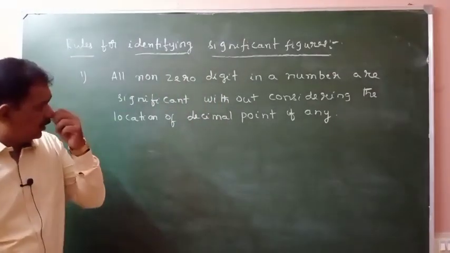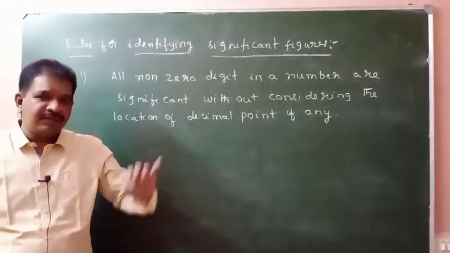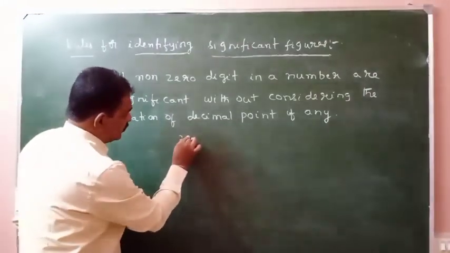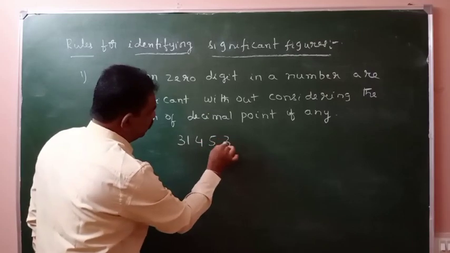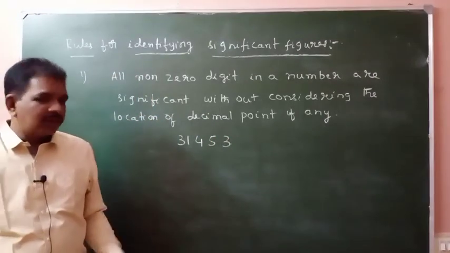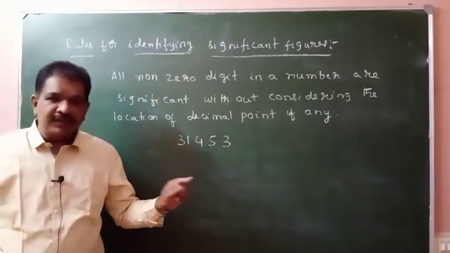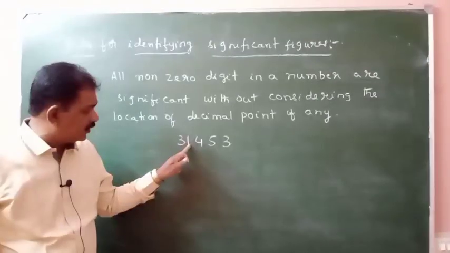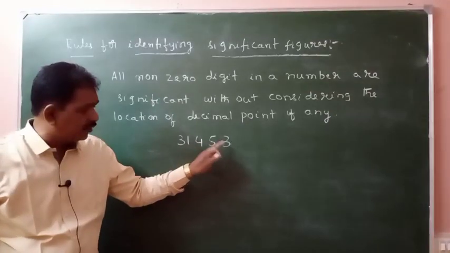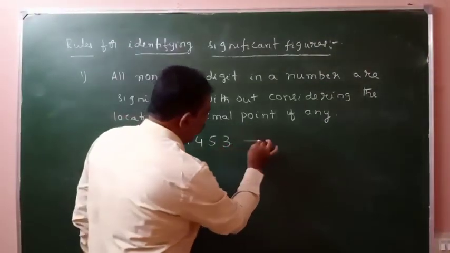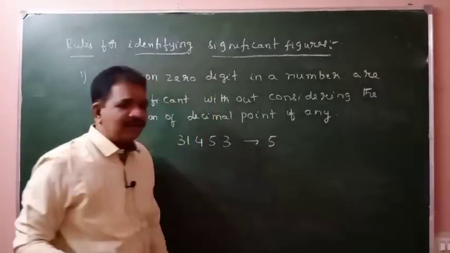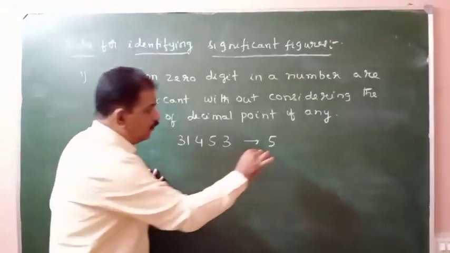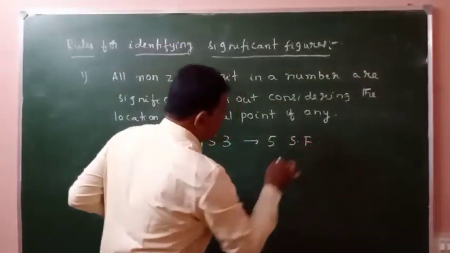What this means is, if one number is given, one measurement, and the number is 31453, all non-zero digits will be significant. So this is non-zero, non-zero, non-zero, non-zero, non-zero. Totally how many digits are there? 5. So this number will have 5 significant figures.